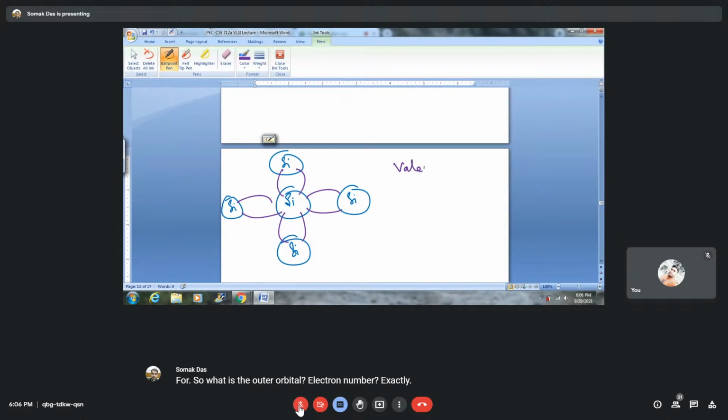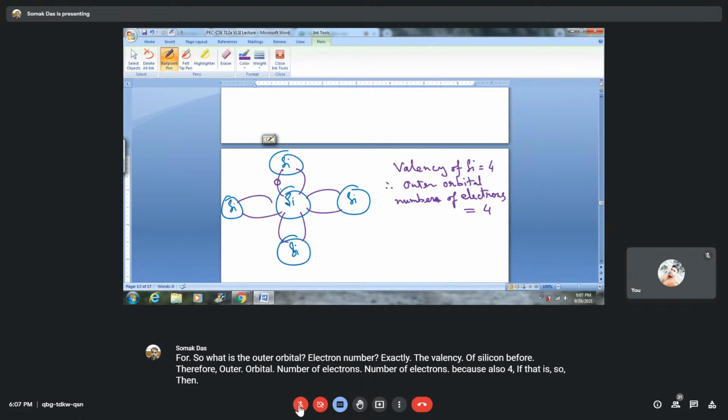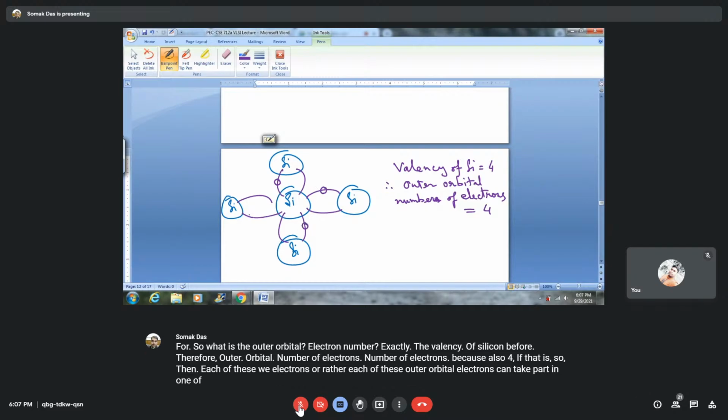So valency of silicon is 4. Therefore, the outer orbital number of electrons is also 4. If that is so, then each of these outer orbital electrons can take part in one of these covalent bonds.